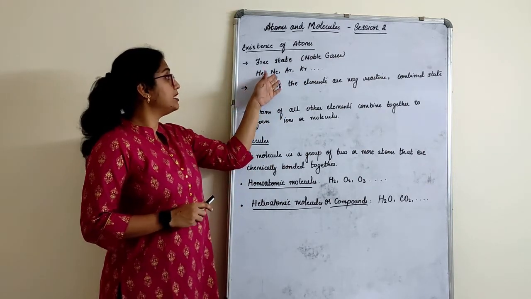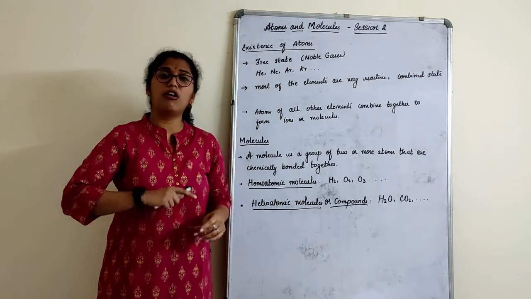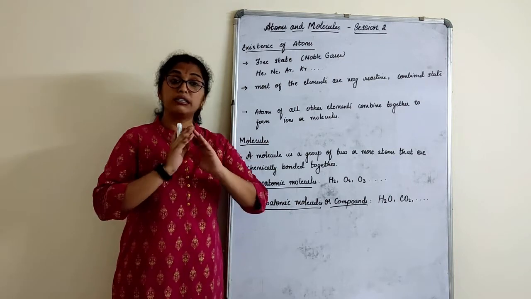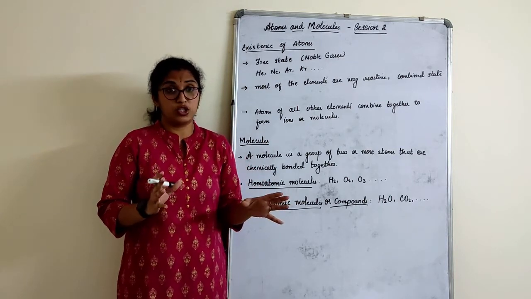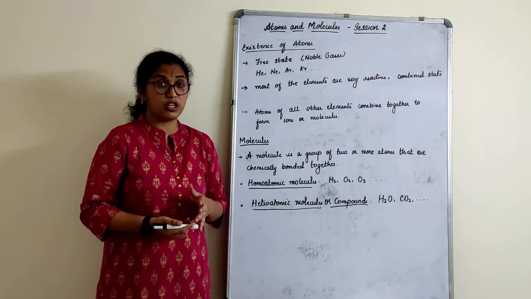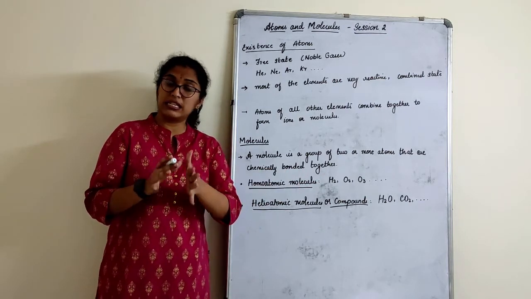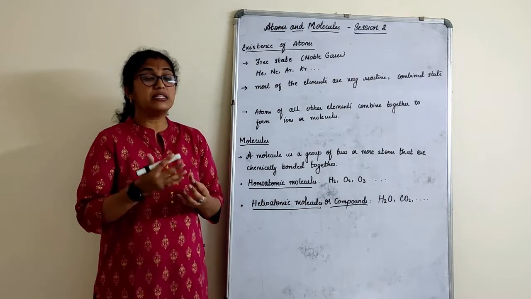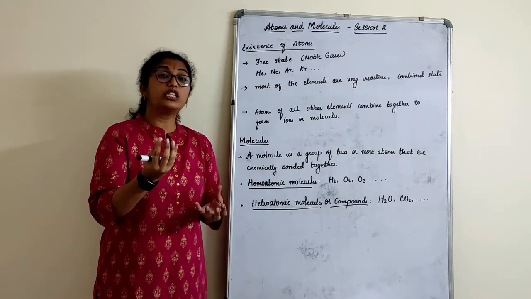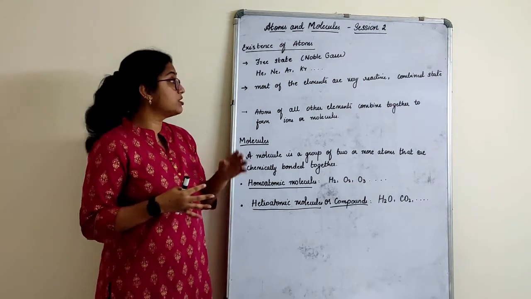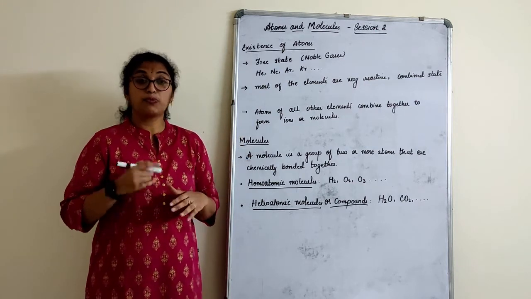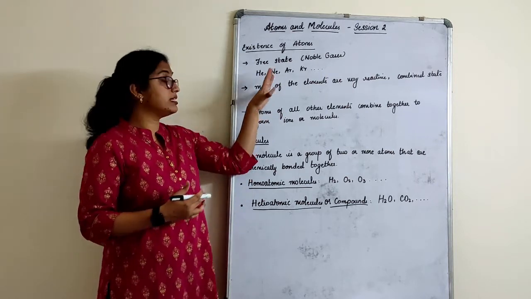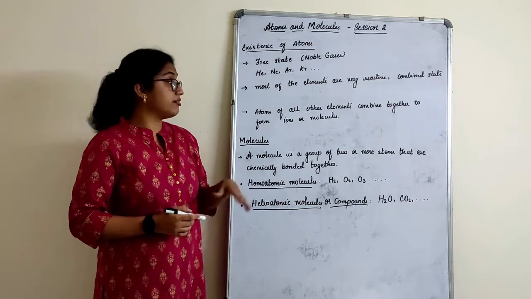So helium, neon, argon, krypton, xenon, all these will come under the free state elements, which do not take any part in chemical reactions. Now for example, what is a chemical reaction? Hydrogen combining with oxygen to form water is a chemical reaction. There is a chemical reaction happening there, right? That means the elements which can take part in chemical reactions are not the free state elements. You will also understand later, as we proceed in this chapter, why these elements cannot take part in chemical reactions.